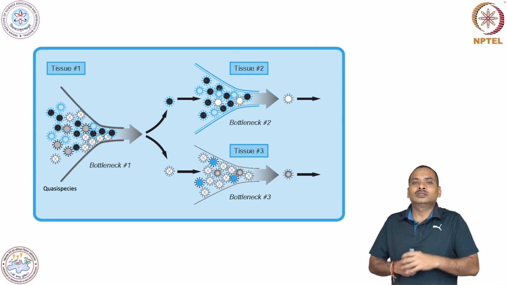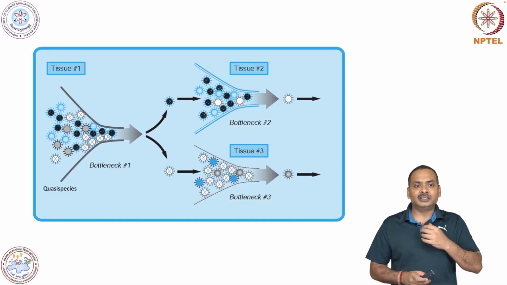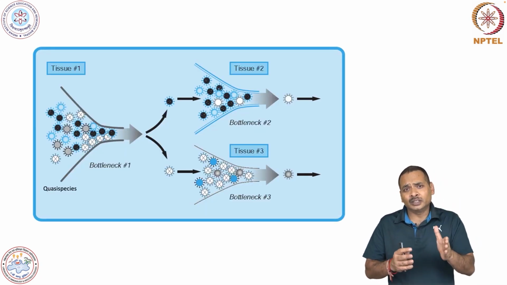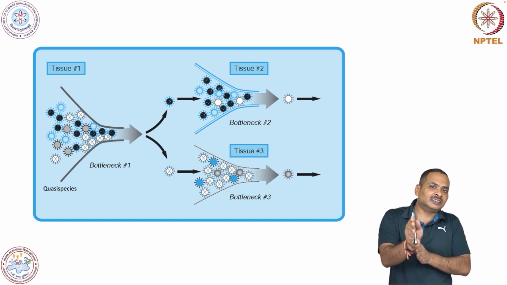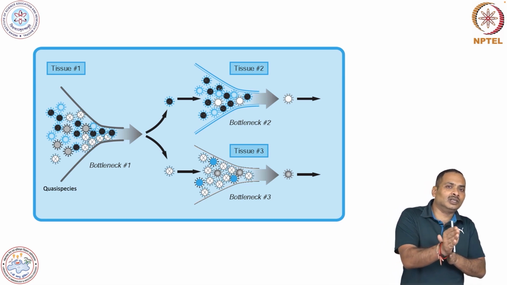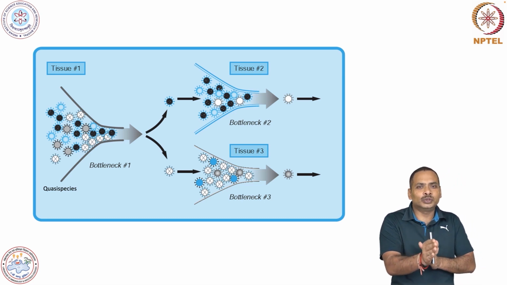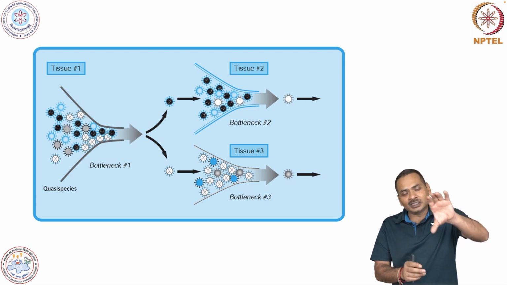Bottleneck basically means different resistance. Resistance could be immune resistance, it could be cellular resistance. There is a huge kind of immune resistance. So these are the bottlenecks.